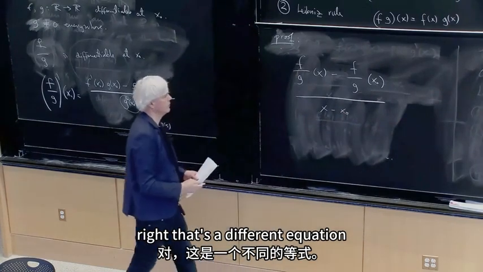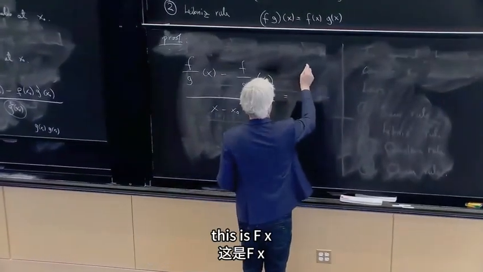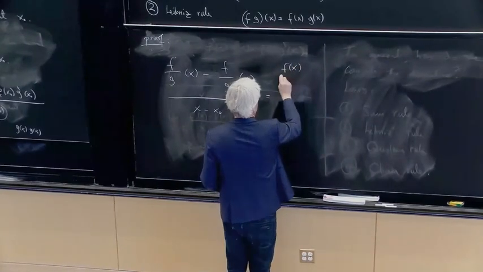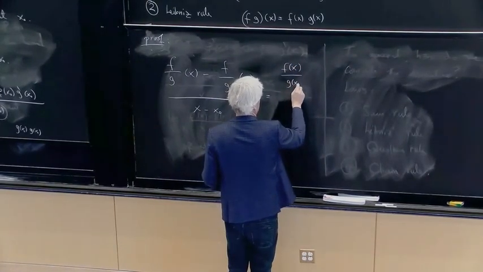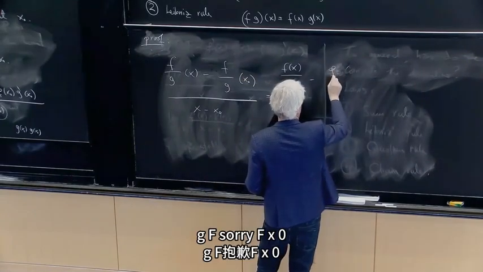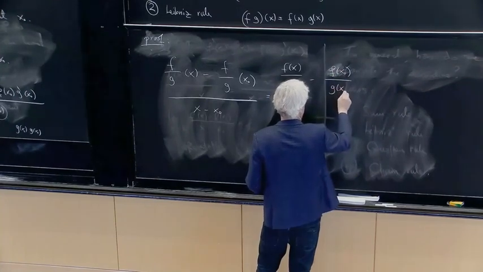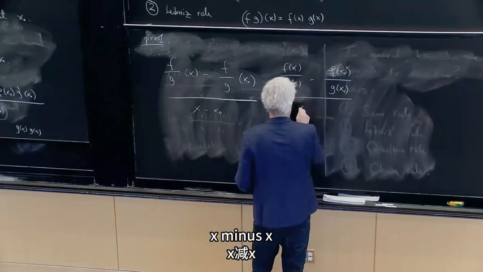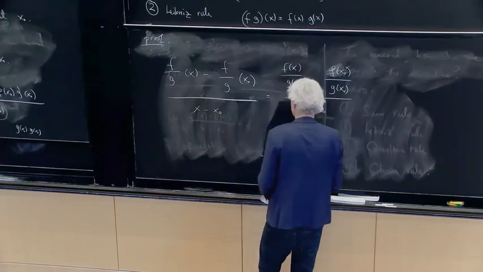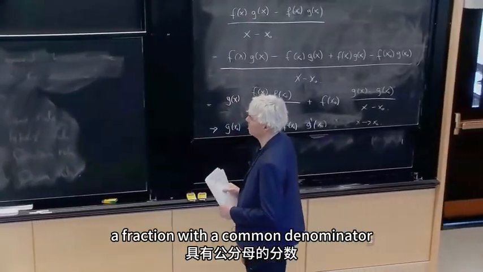Right, that's the difference quotient. And so written out, this is f of x over g of x, minus f of x0 over g of x0, over x minus x0. So let me put this on a fraction with a common denominator.